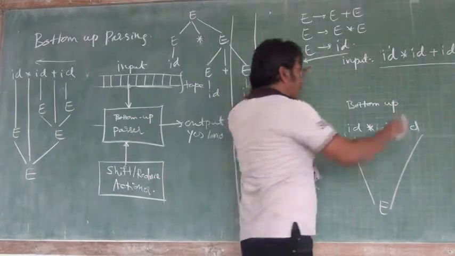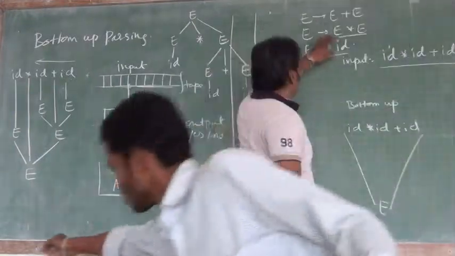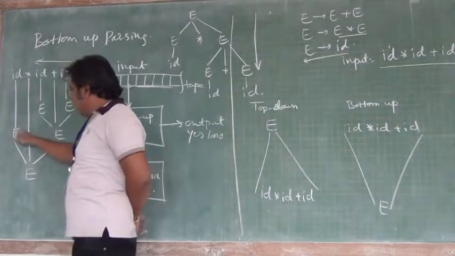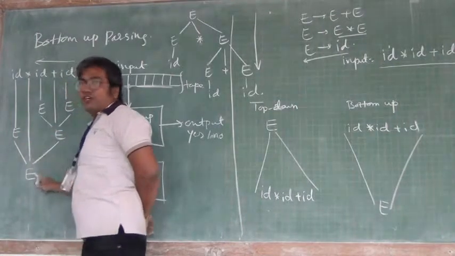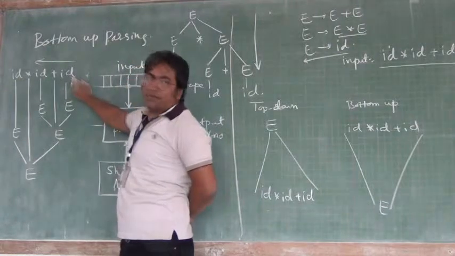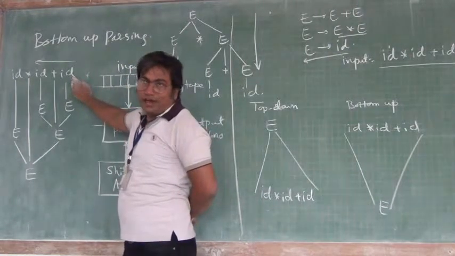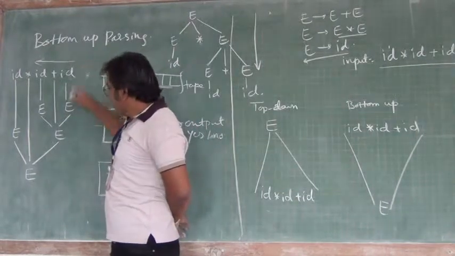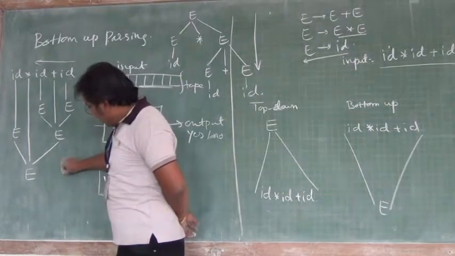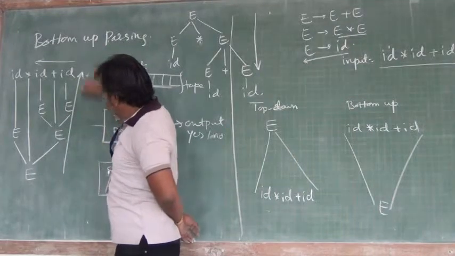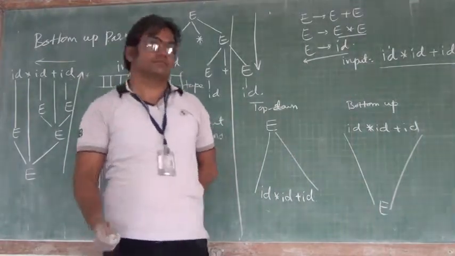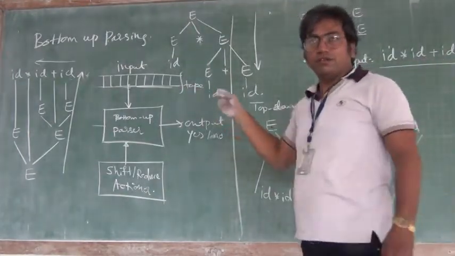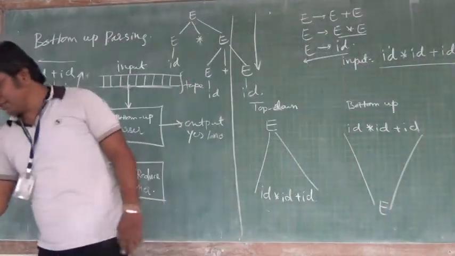So I got the known pattern, so that I reduce to E. So E star E, that I reduce to E. So I started with the input string, ended up with the start symbol. And this approach is called the bottom-up approach. Is it understood? Two different derivations you can see here.